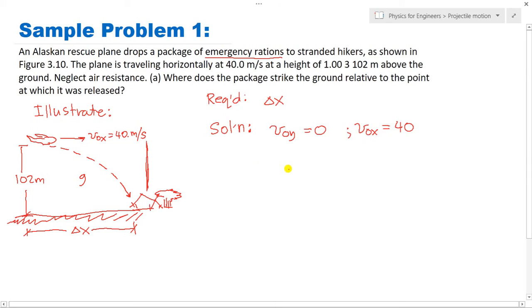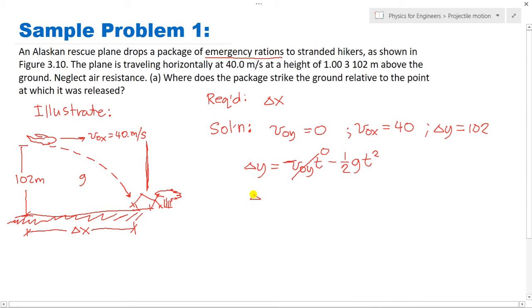In free fall, we all know that our displacement, since meron tayong displacement dito, we have delta y is equal to 102. We know that delta y is equals to v naught y, initial velocity, times time minus 1/2 g t squared. So wala tayong v naught y, so 0 ito. Therefore this first term on the right side is 0.